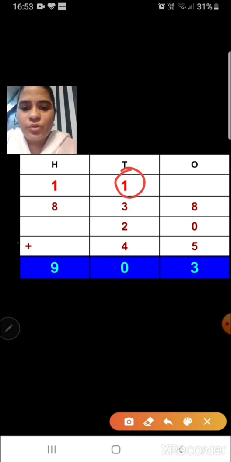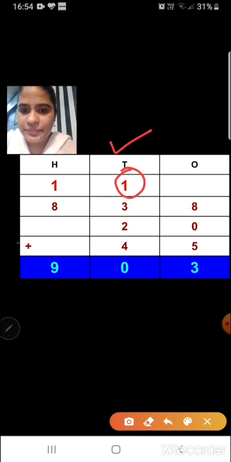Then moving towards tens place. Children, in tens place we have 1 carryover and 3 digits to add. So let's add. Start with your carryover.